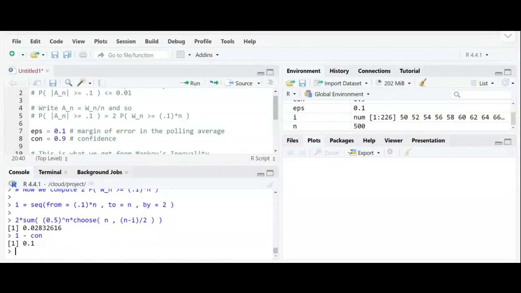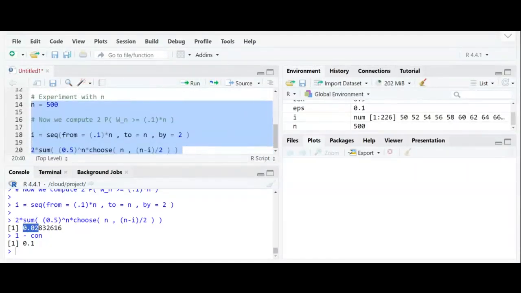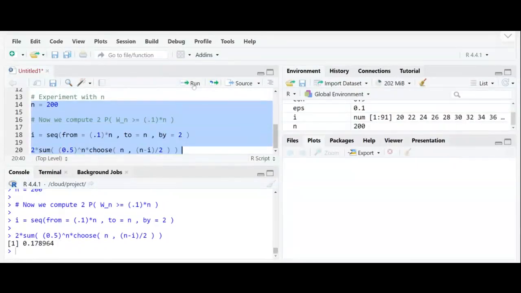So 1 minus the confidence is 0.1. So you can see that it's not smaller. No, it actually, no, that works. That works. So we can get away with 500, right? We're getting a number that's still smaller than 0.1. What about 200? Now with 200, that's too big, as you can see.